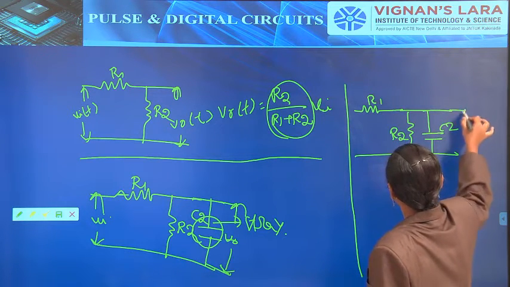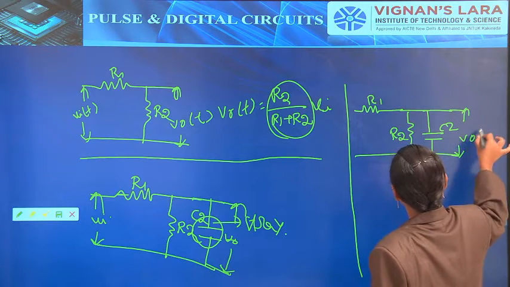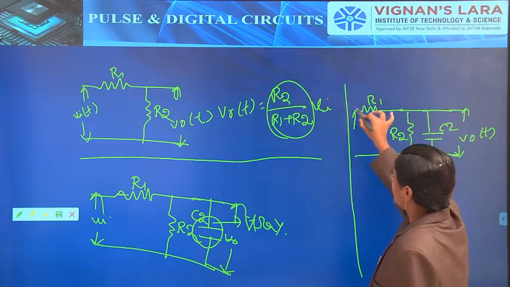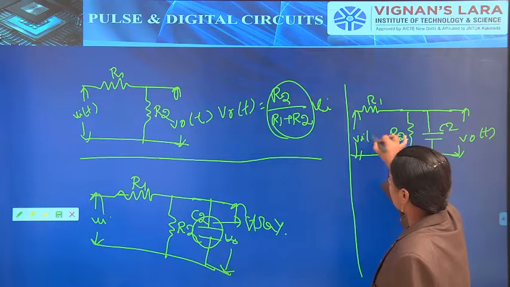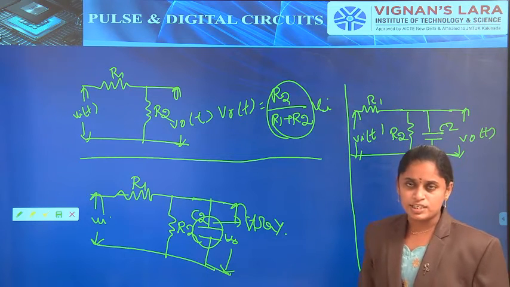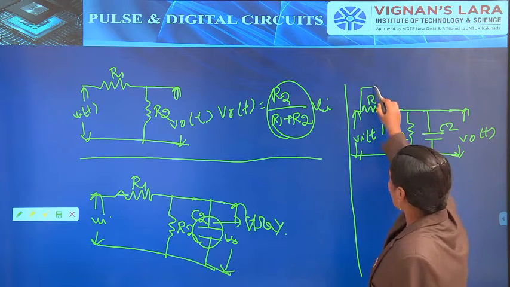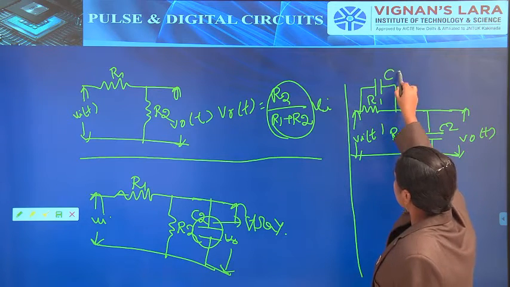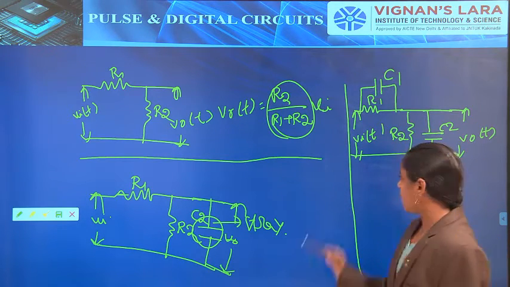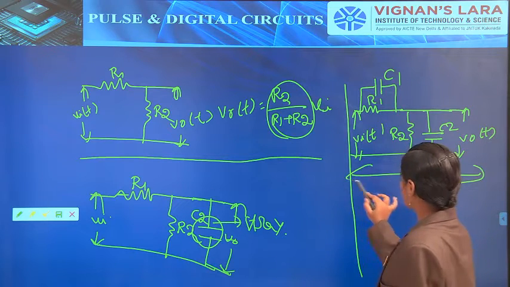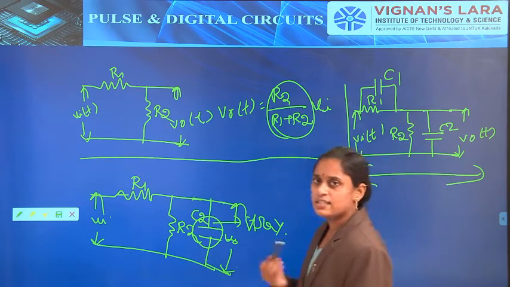To reduce the distortion, we add an extra capacitor across R1, nothing but C1, on the input side. So this is the final attenuator circuit.